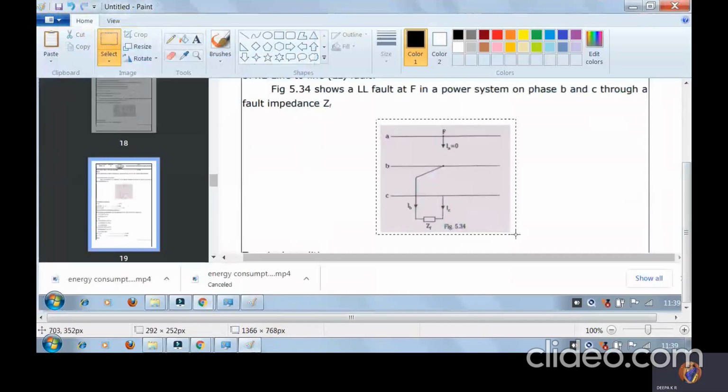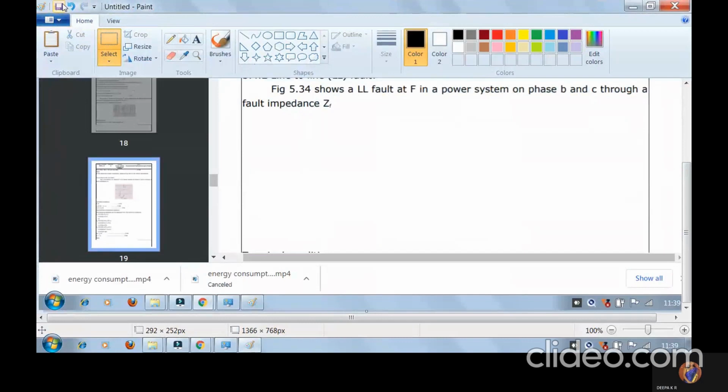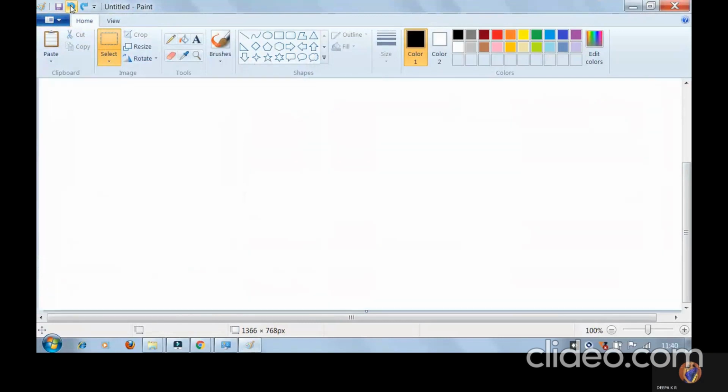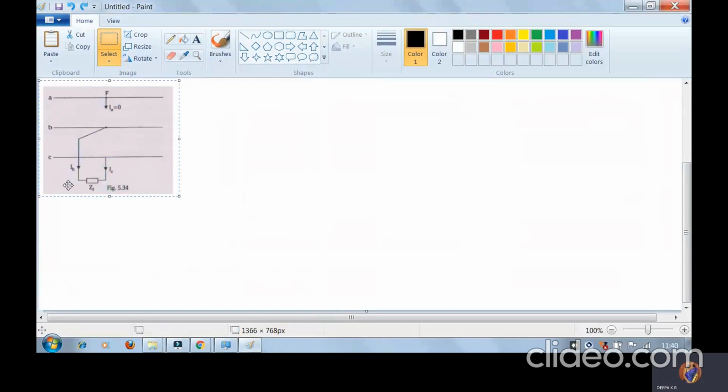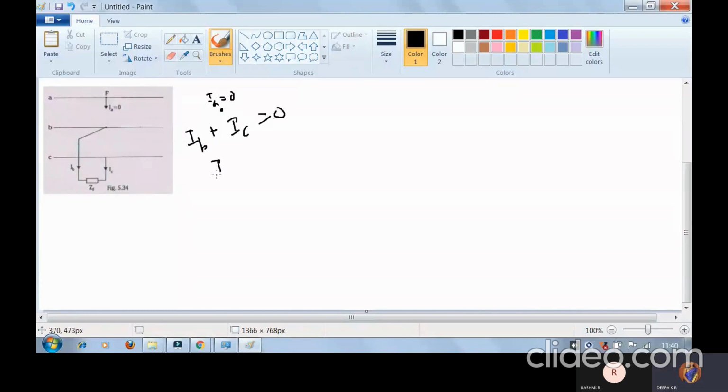We've taken this diagram. First we'll write the terminal conditions, which is very important. From the figure you can see IA is 0. Next, for IB and IC, the total current flowing through these two phases is equal to 0, so you can write IB is equal to minus IC.